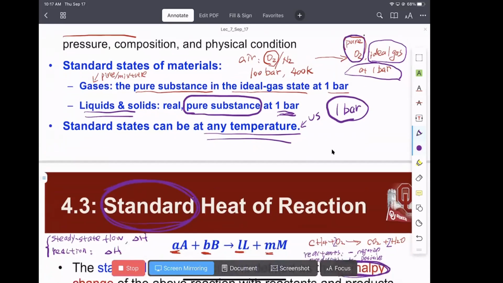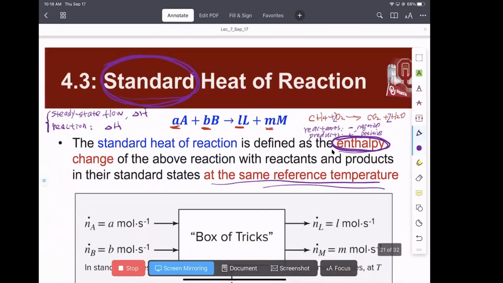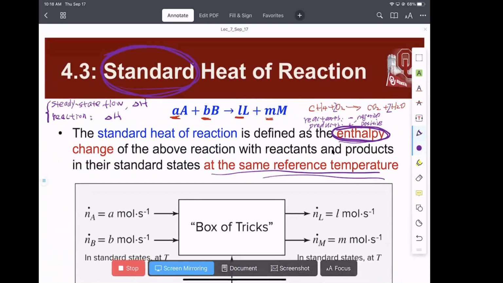But in reality, when you talk about the energy requirement for reactions, when you compare the property of reactants and products, you always want to stay at the same reference temperature. You cannot talk about the reactants at a lower temperature and the products at a higher temperature, and then take the enthalpy difference as the change of the reaction.